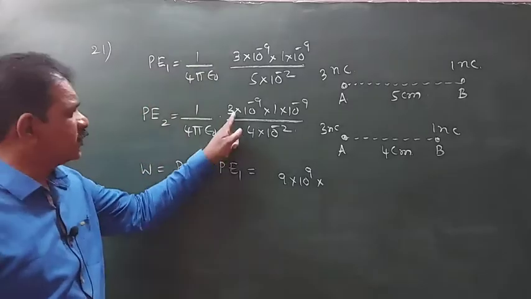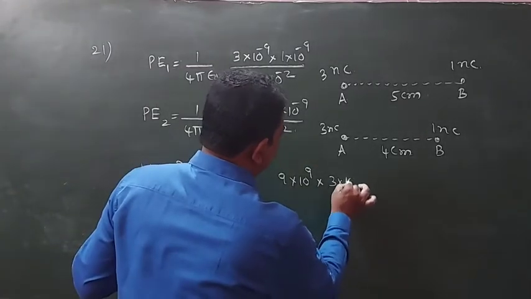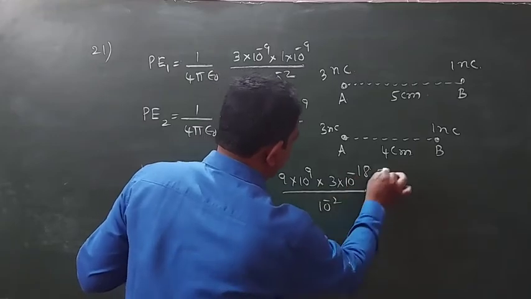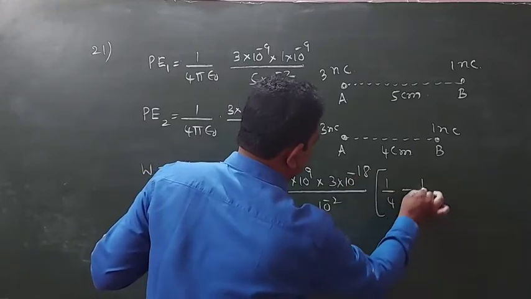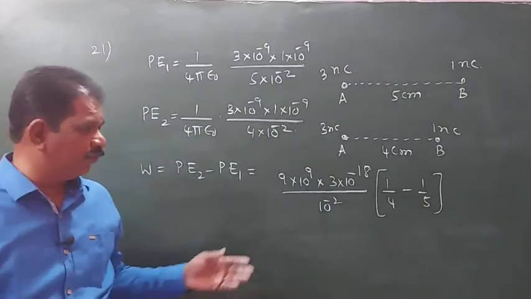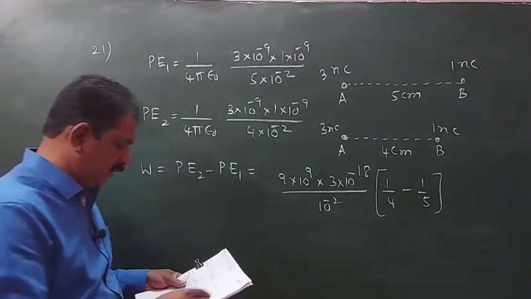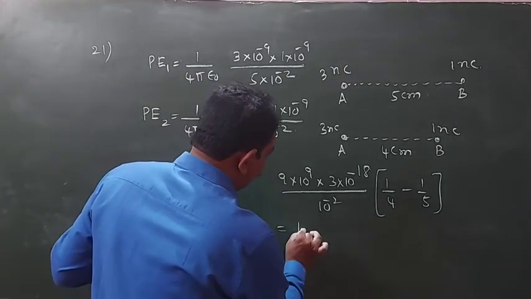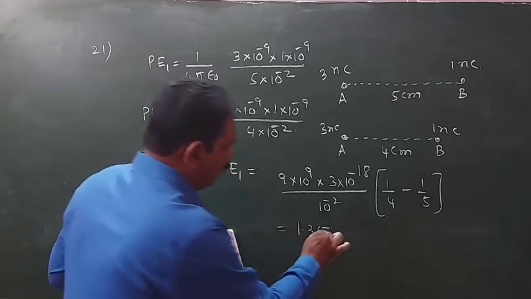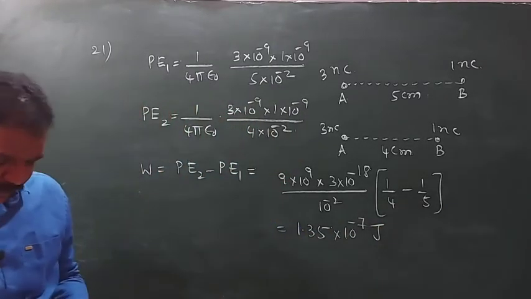This also we can take common. 3 into 10 power minus 18 by 10 power minus 2, also we can take common 1 by 4 minus 1 by 5. If we calculate this value, finally this is 1.35 into 10 power minus 7 joules. This will be the answer.